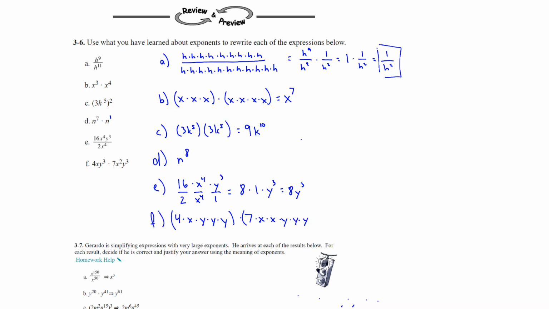So when you expand this out, you can see that we have 4 times 7 is 28, and then we have x to the 1, 2, 3, so that's x to the 3rd, and then on the next one y times y times y times y times y times y, so that will then be y to the 6th power. So 28, x to the 3rd, y to the 6th.